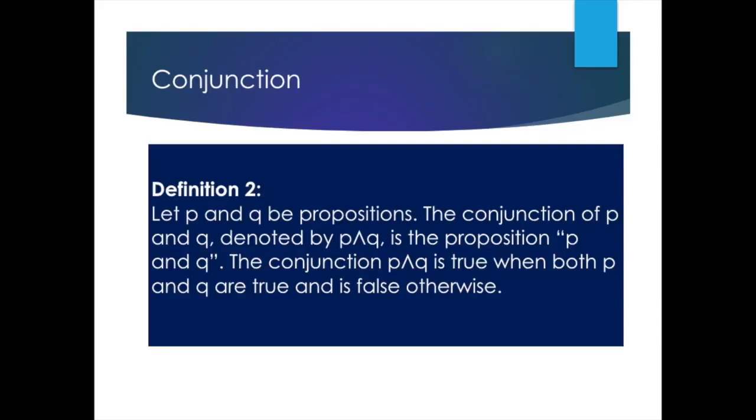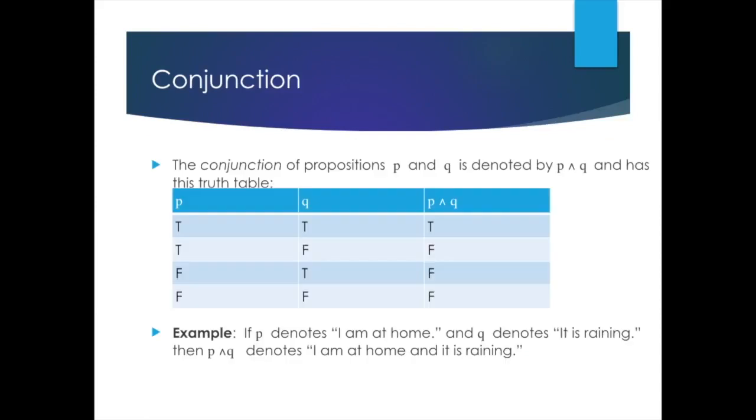And these are the rules of and in the truth table. The conjunction of P and Q, denoted by P and Q, is the proposition that is true only when both P and Q are true. So the outcome of the truth table will be true or false. Let us take an example.